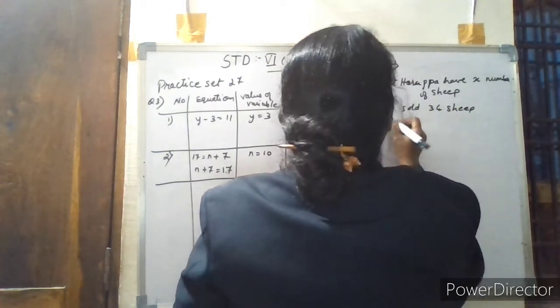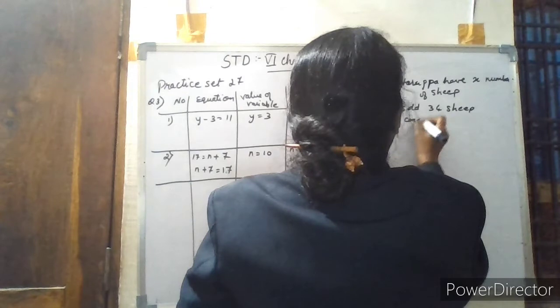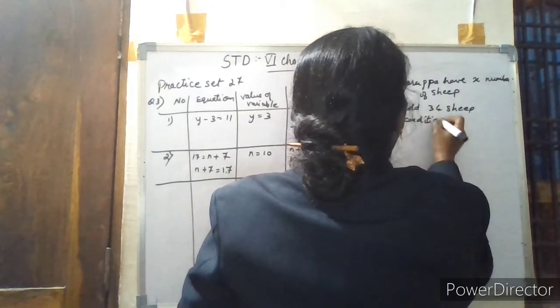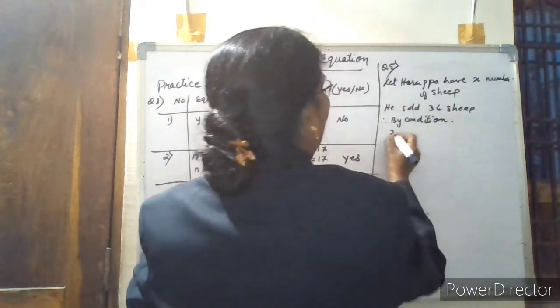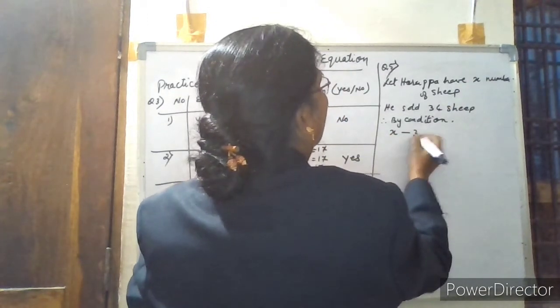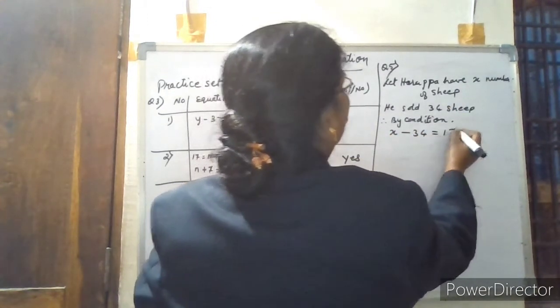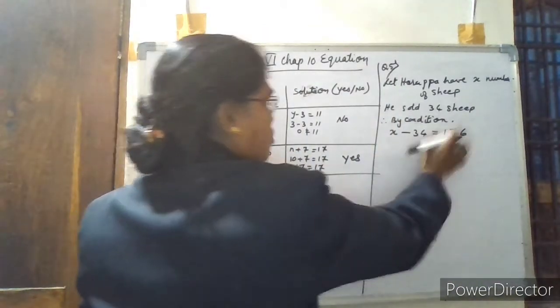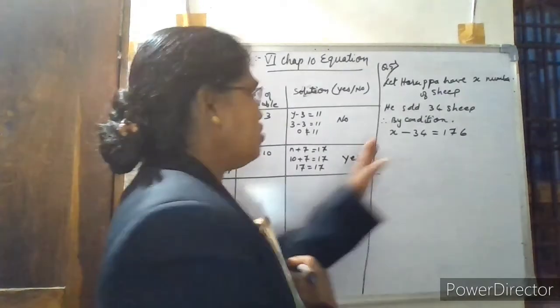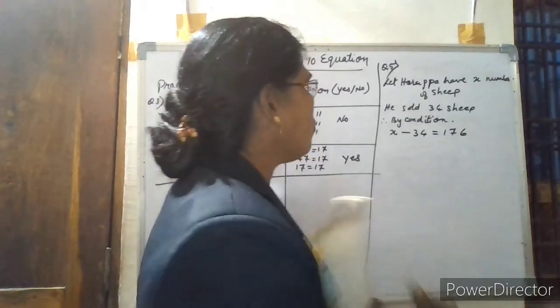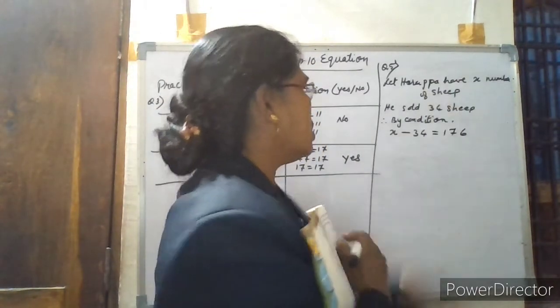Therefore, by condition, it is given that the total number of sheep he is having is X. He sold 34 of them, still it is equal to 176. Means after selling 34 he is still left with 176. So this is the equation. Now we have to solve and find out how many sheep he had in total.